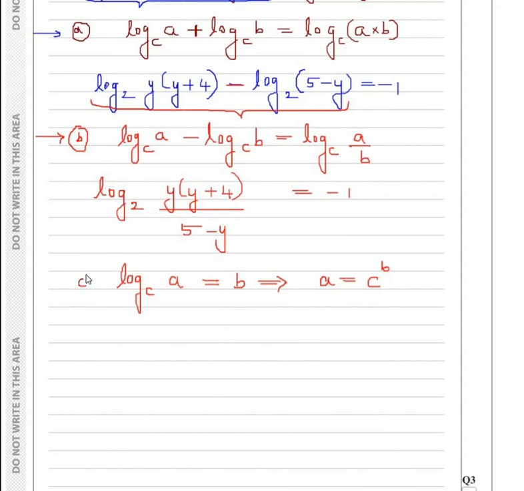This is the third property which we are going to use to finally solve this equation. So we can write it as (y plus 4) over (y minus 1) is equal to. We can see the base goes on the other side and b is raised to its power. The same way here, 2 goes on the other side and it is raised to the power of -1.